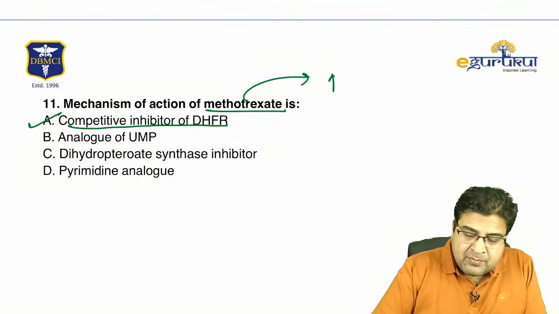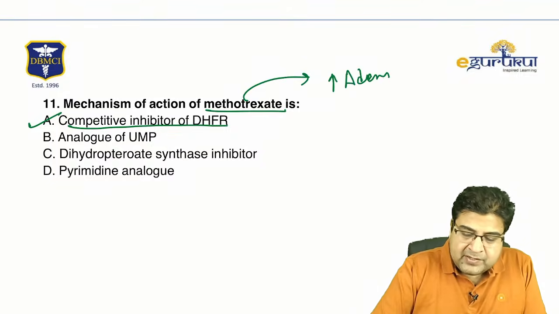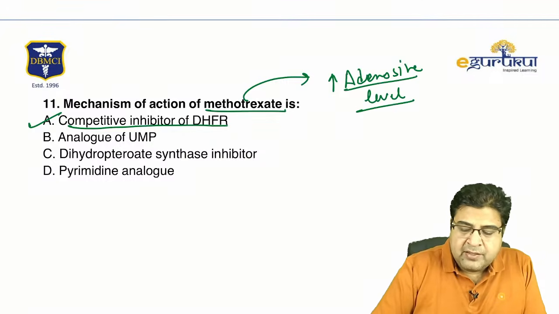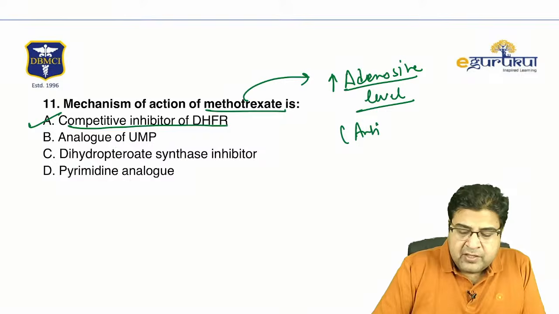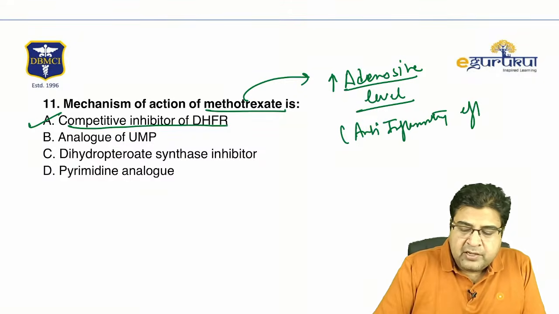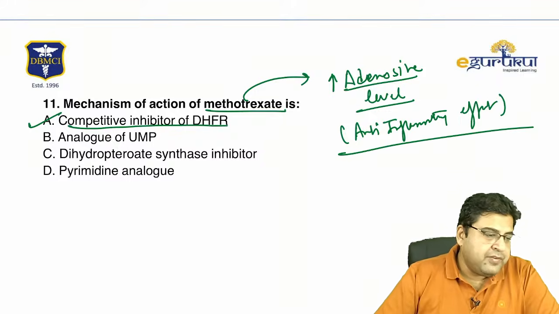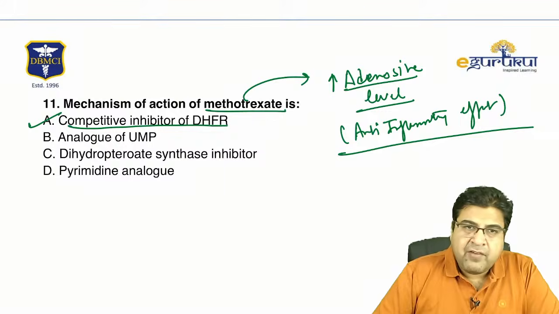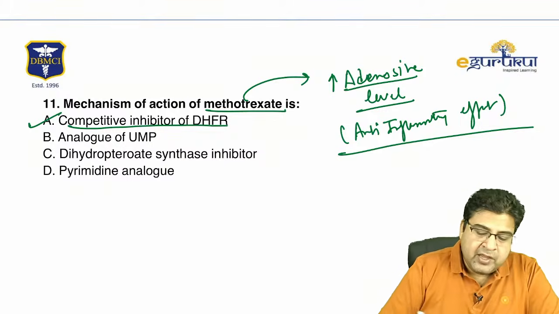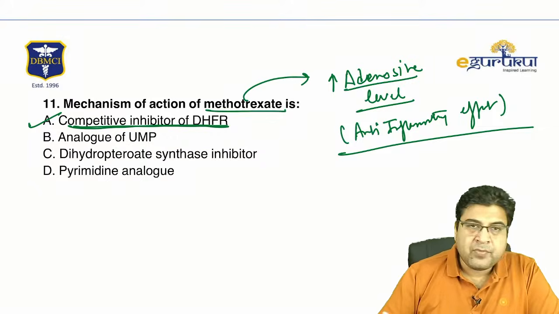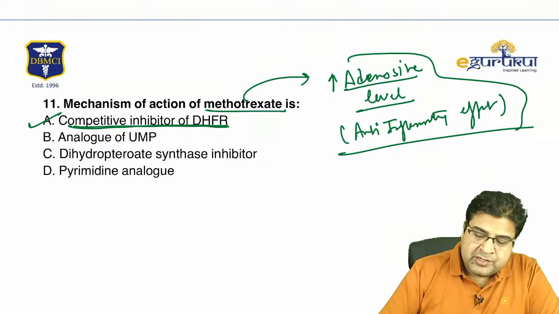So one more mechanism is, this medicine can increase the level of adenosine and can have the anti-inflammatory effect in the body. And by inhibiting DHFRase, the medicine has immunosuppressant property.